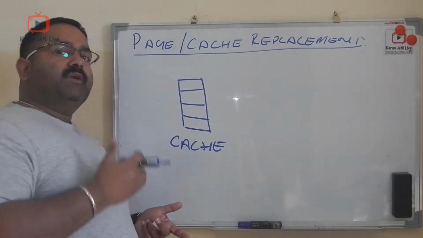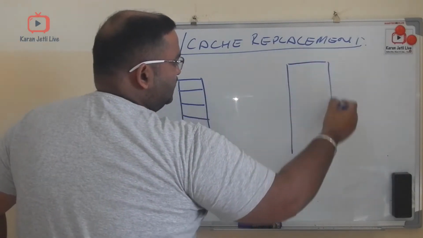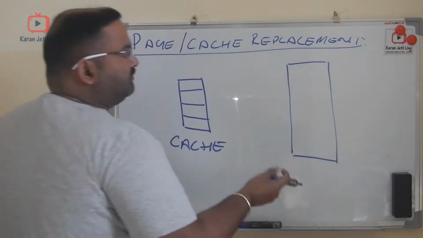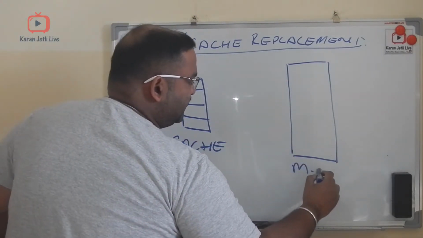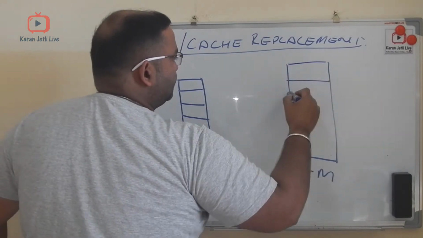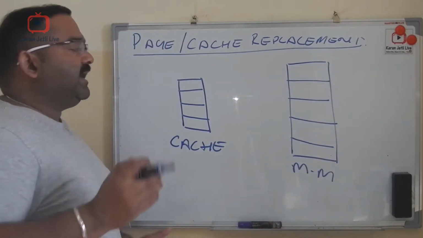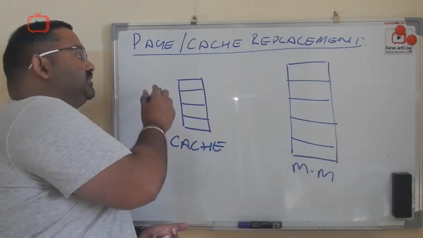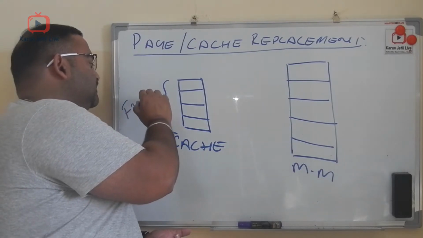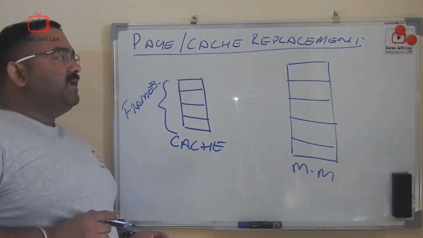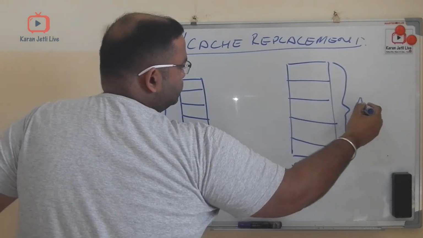As compared to cache memory, we have something called main memory, which is comparatively bigger than the cache, but slower. Now guys, the cache memory is divided into frames, and main memory is divided into pages.